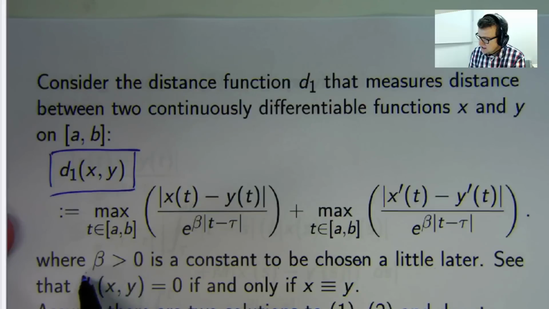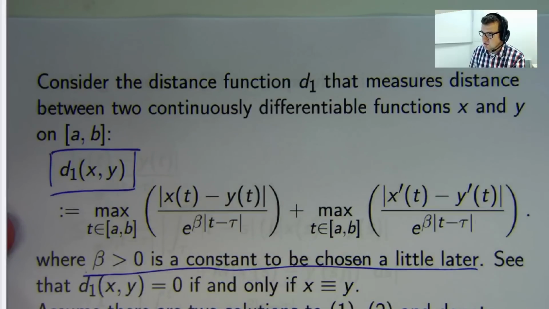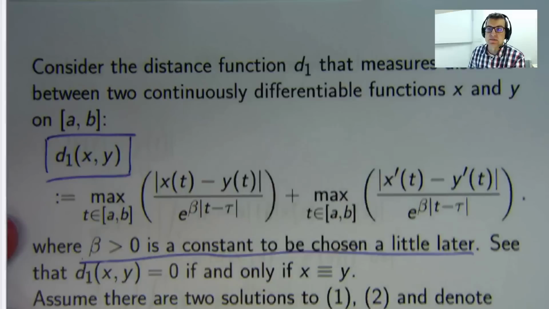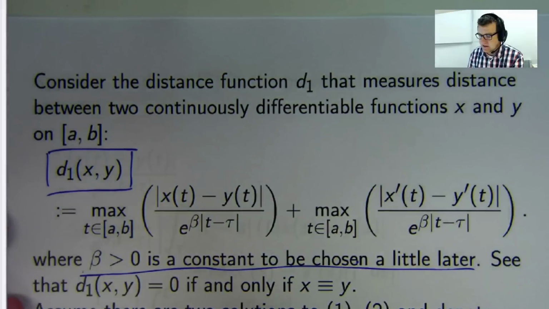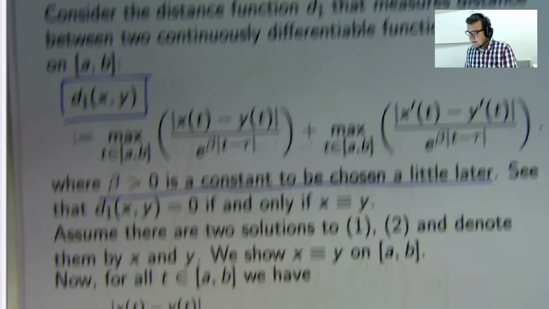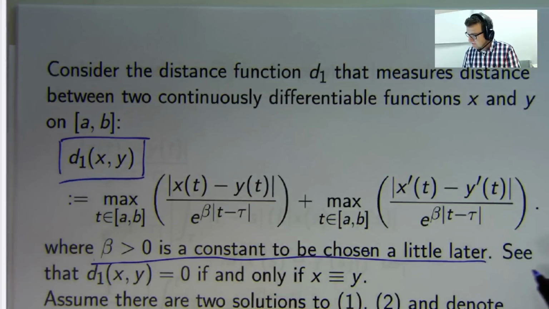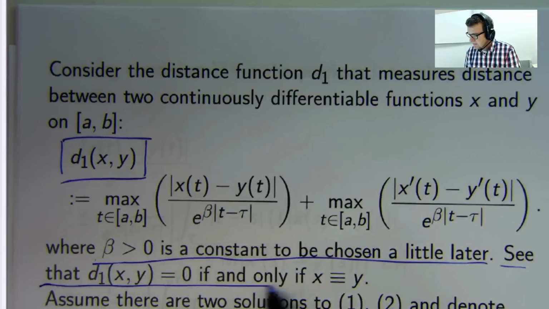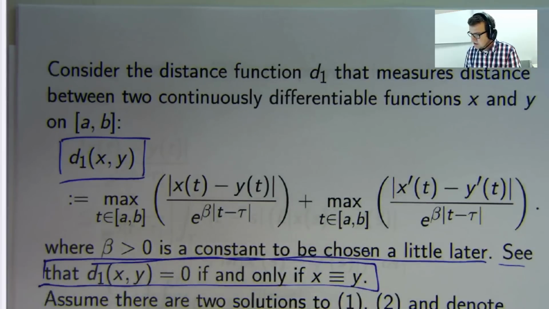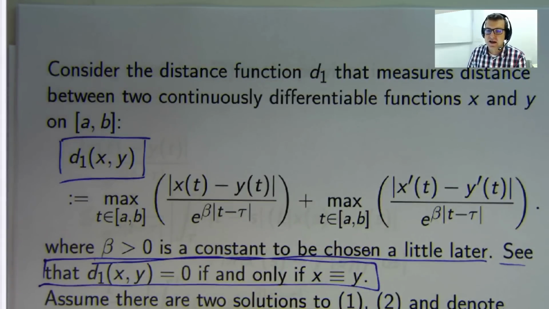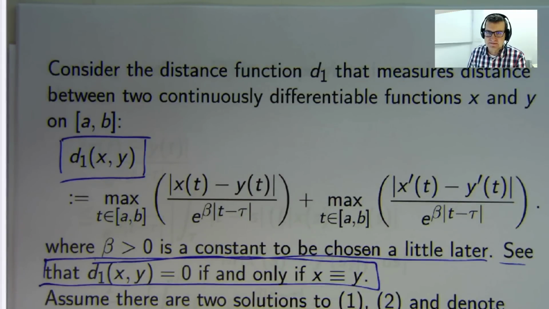Now, beta is just some constant that we'll choose a little later. It'll be for convenience what we do later. Okay, so we haven't fixed that yet. Okay, now D1, like any good metric, satisfies the following condition. It's 0 if and only if the two functions are identical. And that's going to form part of our major proof here.